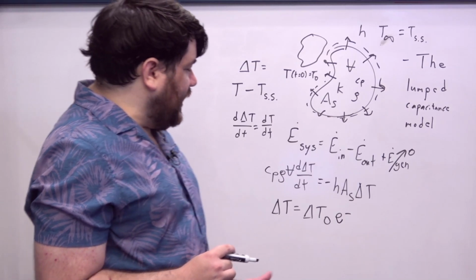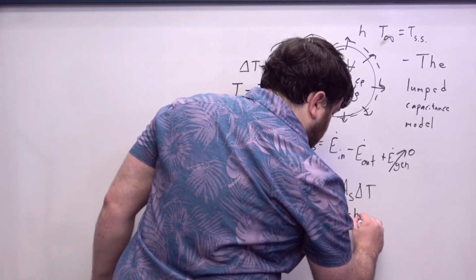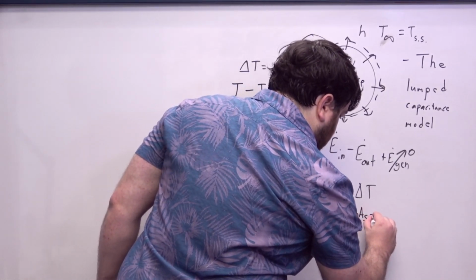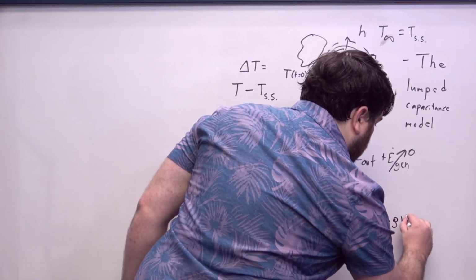The coefficient in that negative exponential is just this divided by this, right? So minus h A_s t divided by Cp rho times the volume.